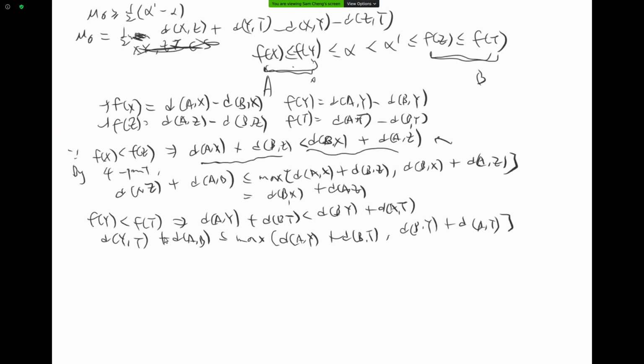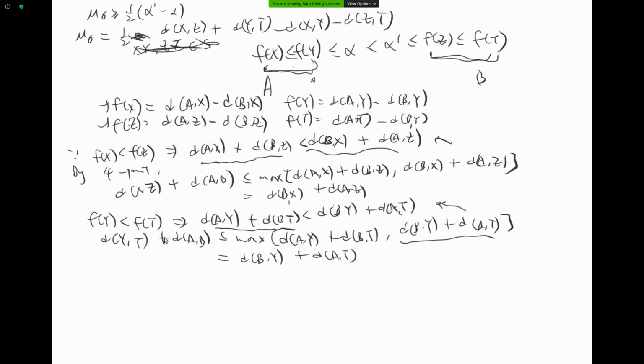And again, I use the equation here: dby plus dat is bigger than day plus dbt. So therefore I will just have this term instead, equal to dby plus dat. And we can continue to do that. We can create 4 equations like this.